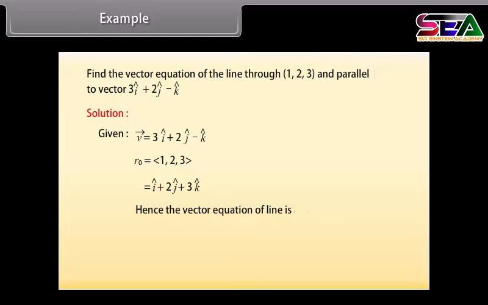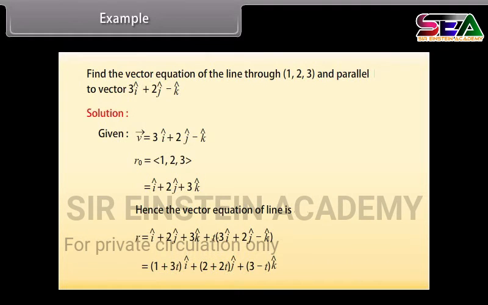Hence the vector equation of the line is r equals i plus 2j plus 3k plus t times (3i plus 2j minus k), which equals (1 plus 3t)i plus (2 plus 2t)j plus (3 minus t)k.